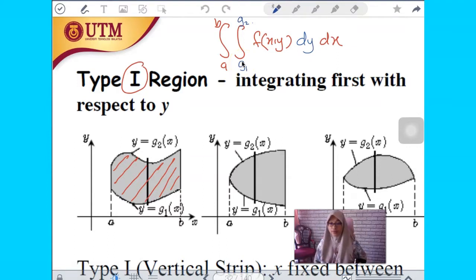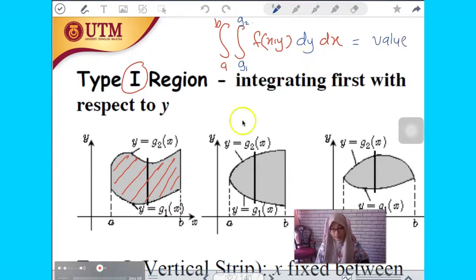Just now I said that you have to decide the order first, dy dx or dx dy. In this case, if you have x constant, you have dy dx, because we want to make sure that dx is outside. Why should we put the constant one outside? Because we want to make sure that our final solution will be a value.